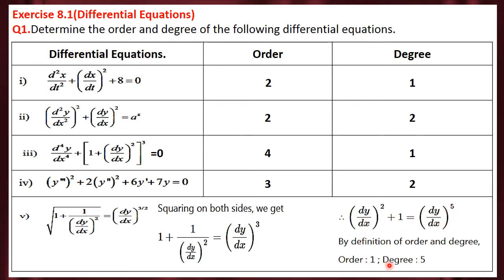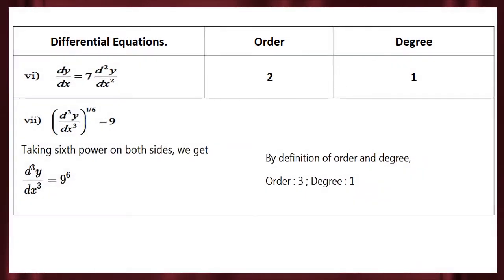So 5 is the degree of the equation. Next one, dy by dx is equal to 7 into d square y by dx square. Here the second derivative is the highest derivative. So its order is 2 and its degree is 1. So 1 is the degree of the differential equation.